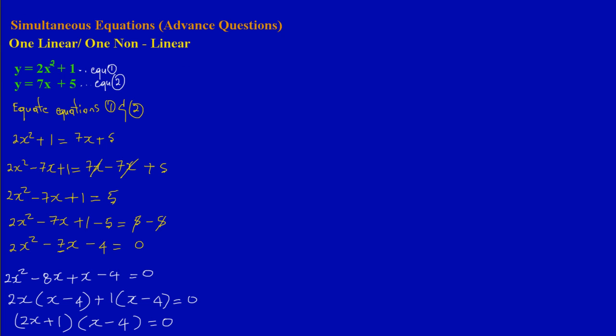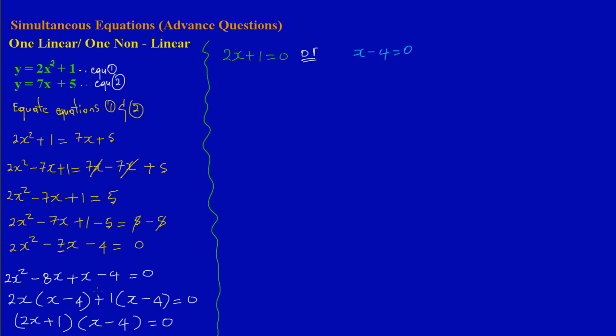Now, since I have factorized my quadratic, these are my factors. Let me split the screen. I have 2x plus 1 equal to 0, or x minus 4 equal to 0.